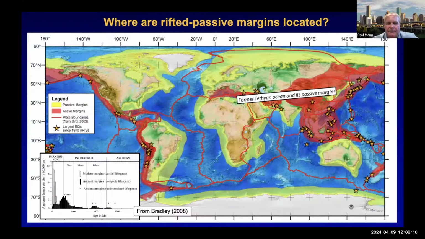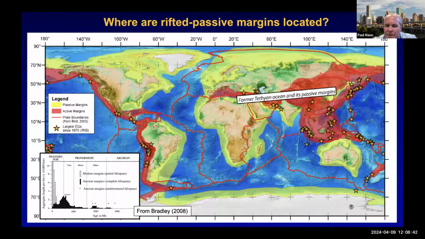You can see that the Atlantic is one of the largest areas of rifted passive margins, this area in here. But notice this wedge shape. This wedge shape started opening back in the Jurassic Cretaceous time. As it opened, that moved Africa, India, and some of these continents into what used to be another wedge shape, Tethys, which is now closing.